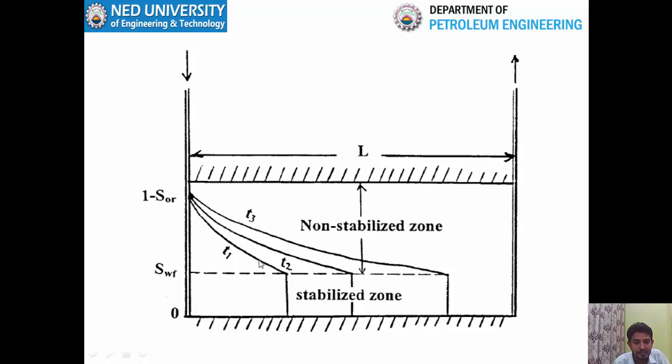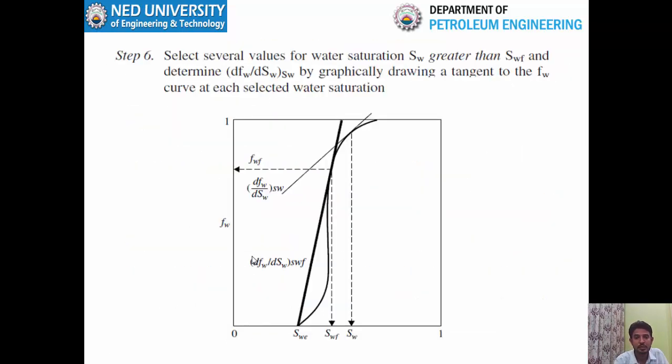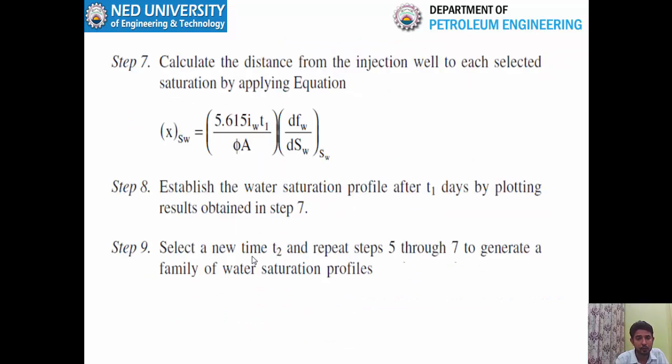And for example, if you are interested to estimate the position of this saturation, behind the front you are calculating the position through this equation using the slope at that particular saturation.